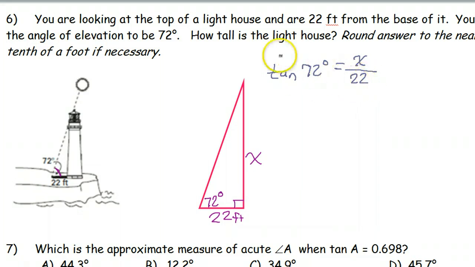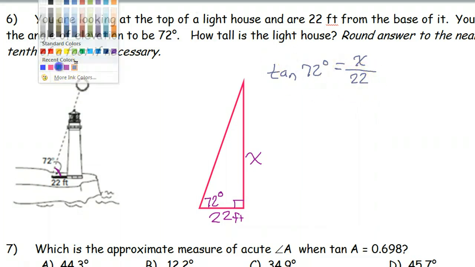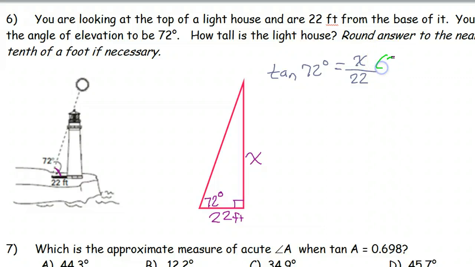Am I going to do the swap? No. When the variable is in the top, the numerator, you want to just multiply both sides by the denominator. That way these will cancel out. So that's going to give me the height of the lighthouse here. So 22 tangent of 72.